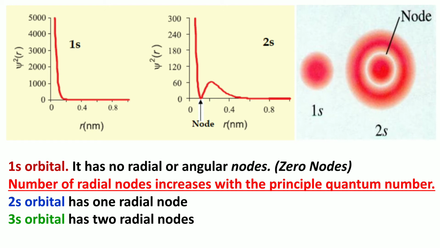The variation of psi square as a function of r, the distance of the electron from the nucleus, for the 1s and 2s orbitals is given in this diagram. Here you can see that the curves for the 1s and 2s orbitals are different.